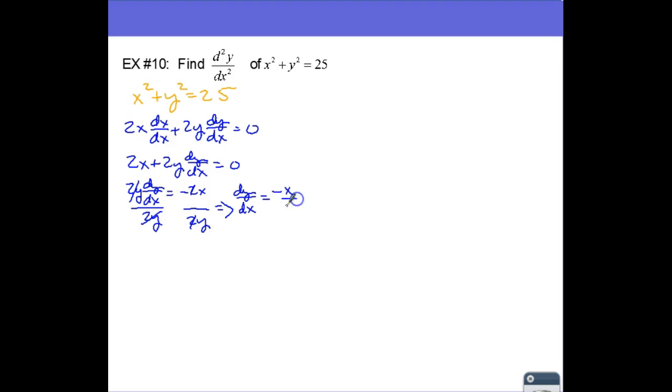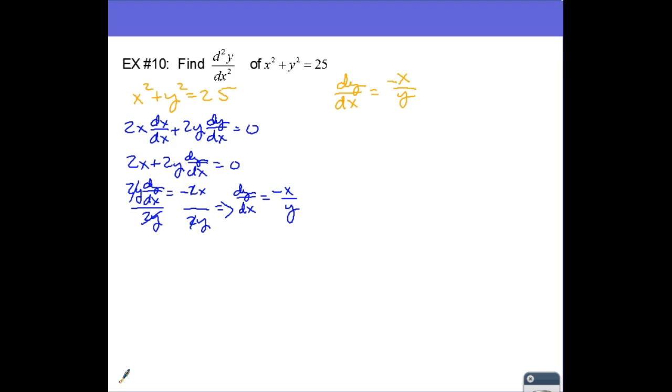negative x over y. Now to find the second derivative, all we really need to do is differentiate dy/dx with respect to x. And since this is a rational expression, that means that I am going to have a quotient rule problem.